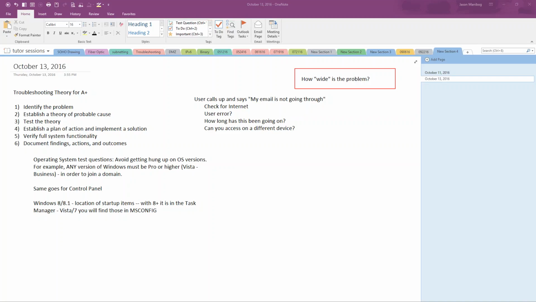I'd have to look that up. I'm trying to think. Actually, let me back up a minute. 7 to 8, I don't really think there's much. I know there was a big difference from XP. That's what it is. There was a big difference from XP in that situation. But no, not much really.